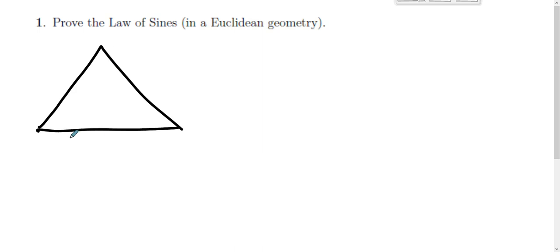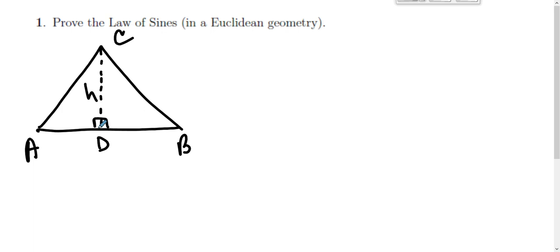We take any triangle ABC and we orient it so that the biggest angle is there, so that we can drop an altitude and it lands on the segment to which it is drawn. So this segment has length h.